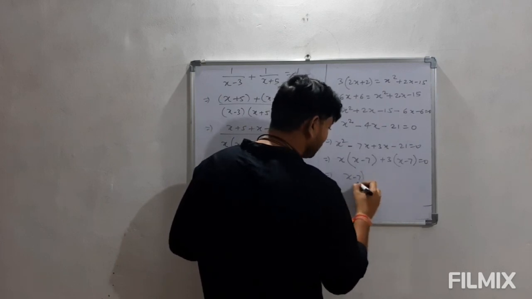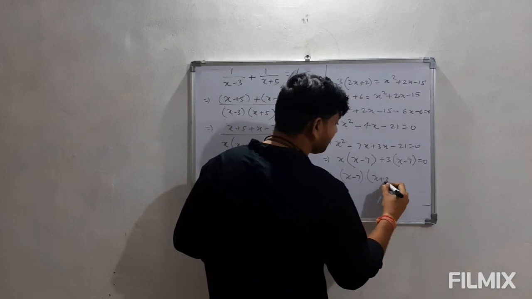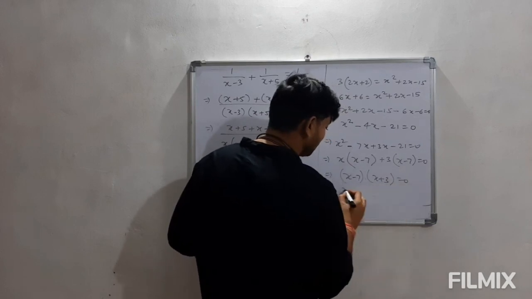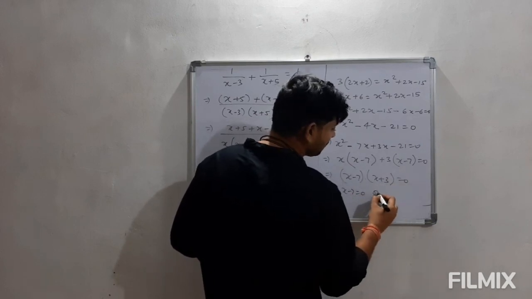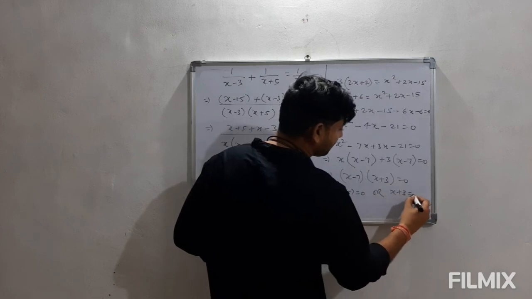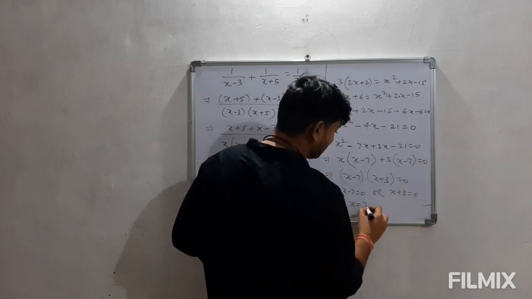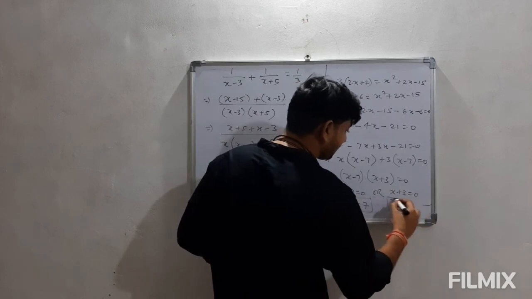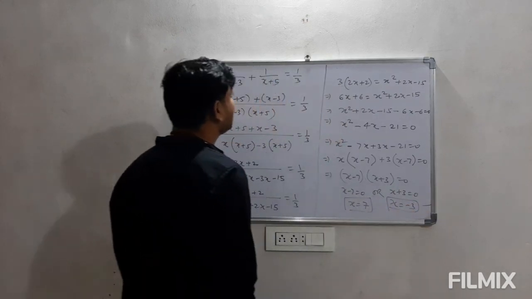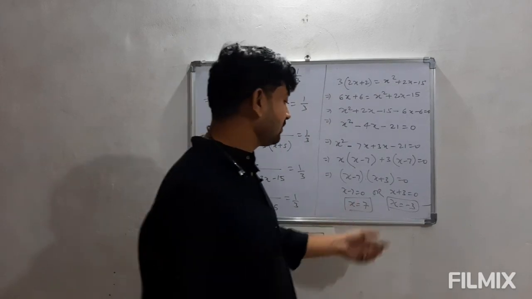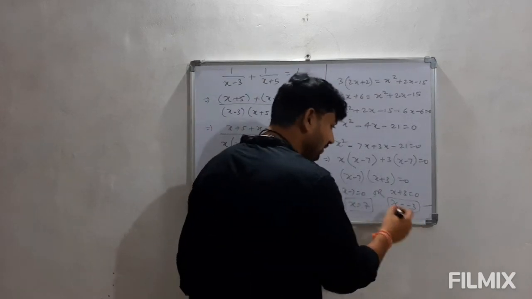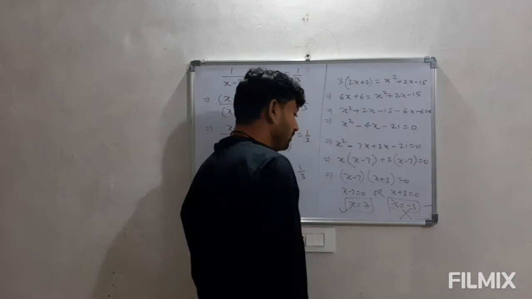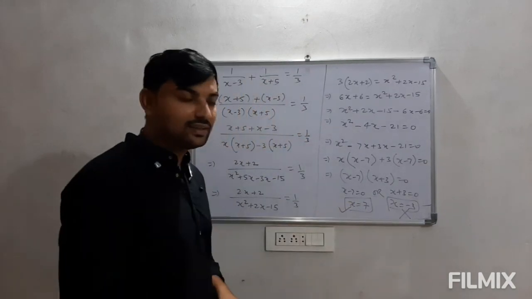X minus 7 is one factor and x plus 3 is the second factor. So x minus 7 is equal to 0 or x plus 3 is equal to 0. So x is equal to 7 or x is equal to minus 3. As the age is taken as x, age cannot be negative, so we will reject this. So Rahman's present age is 7 years here.